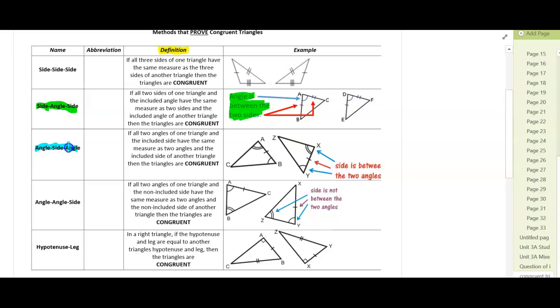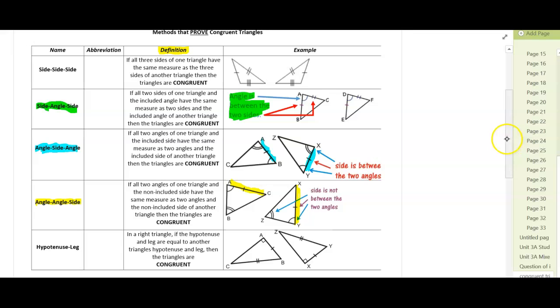For angle side angle here in blue, notice the side is between the two angles. In contrast, for angle angle side, notice this side is not between the two angles. So these are the 5 ways to justify congruent triangles.